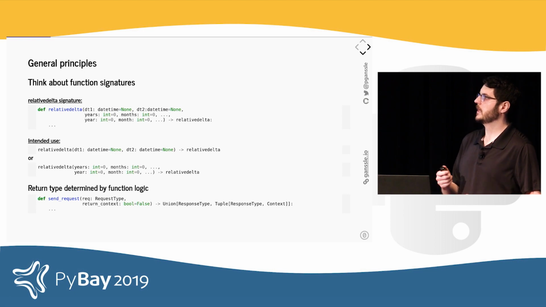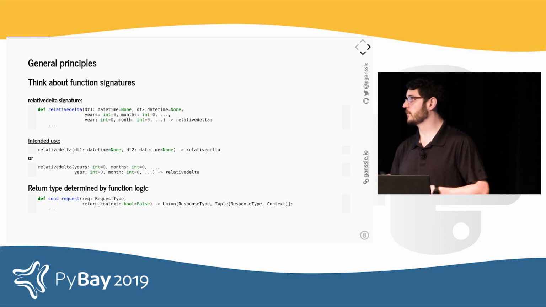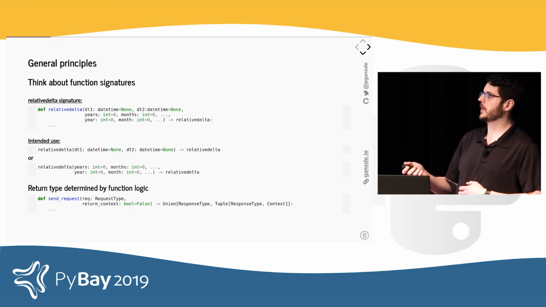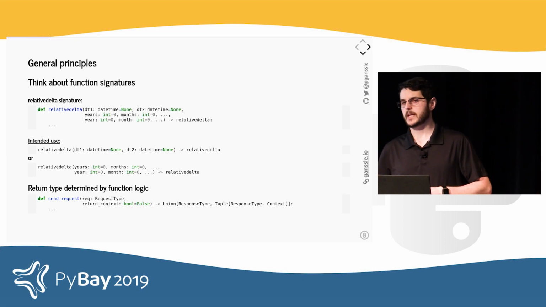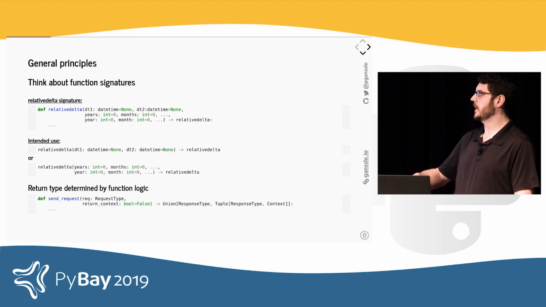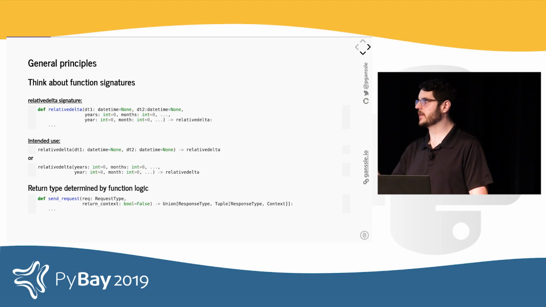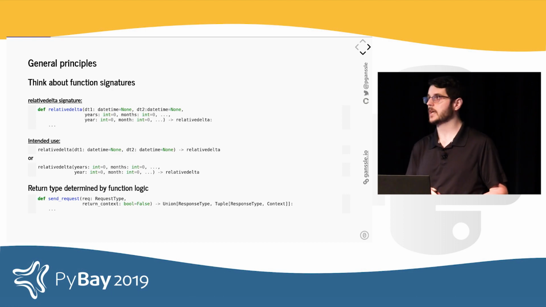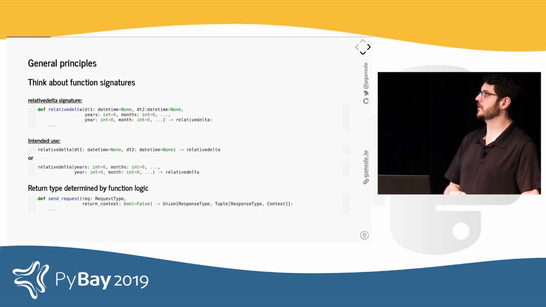We can also look at this other situation, which is some contrived class which sends a request, and the request is of request type. The way it would work is that possibly this request has some context that most people don't care about, but sometimes some people do care about it. So you can pass this return_context flag, and if it's true, then it'll return both the response and the context, and if it's false, the default, it'll just return the response.